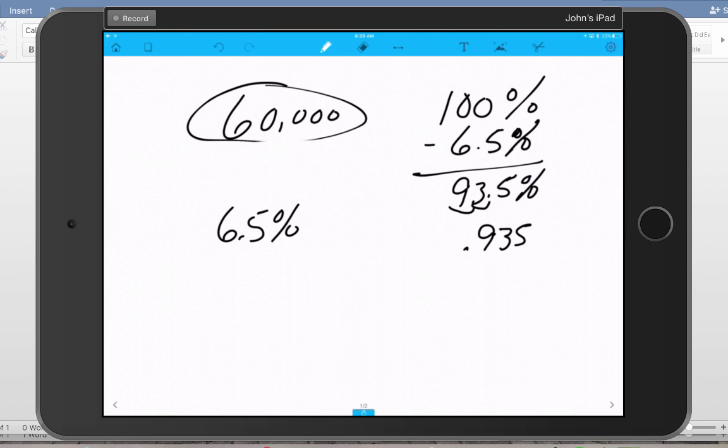Now, for a seller net problem, we want to take $60,000 and divide it by 0.935.